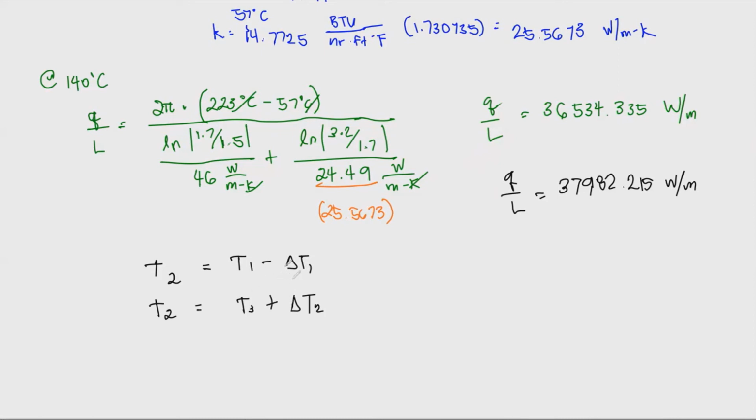So those are the cases in which we can solve for T2, because delta T1 is equal to T1 minus T2, and delta T2 is actually equal to T2 minus T3, and that would make perfect sense if you would add these two.